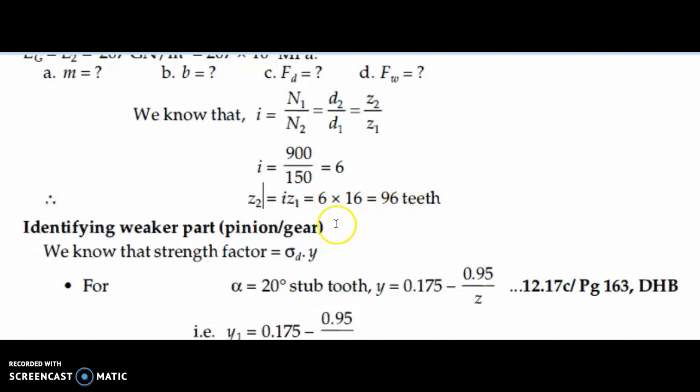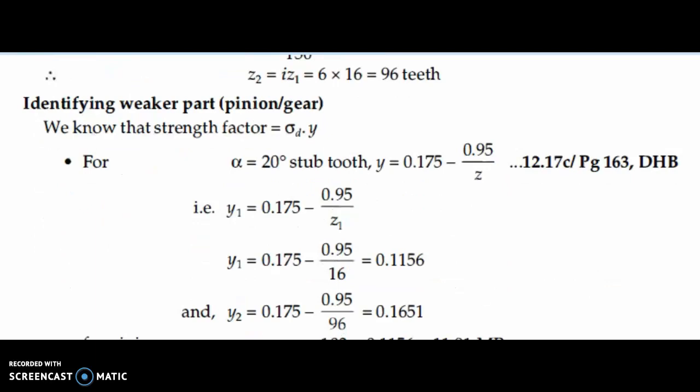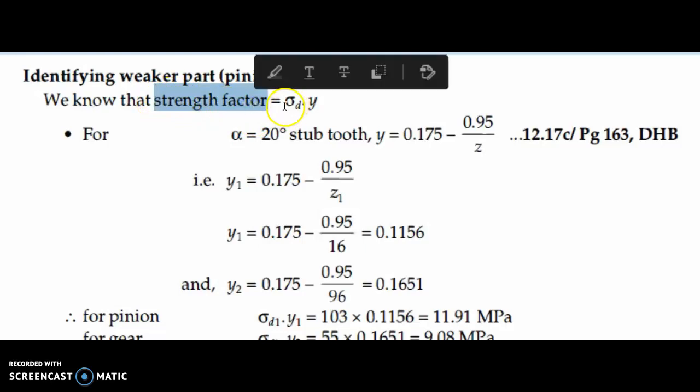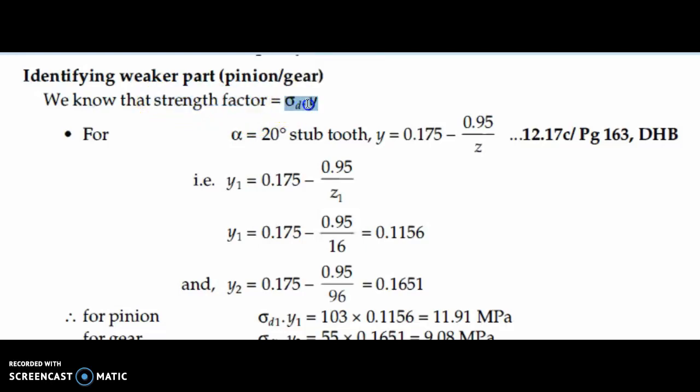Next we have to identify which one is the weaker section. To find the weaker section, we need to calculate the strength factor. We know that strength factor is equal to sigma d into y. For each case, that is for the pinion and the gear, we have to find the strength factor value.